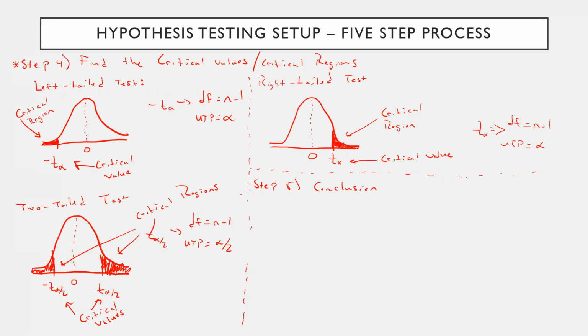The first one, you reject the null when the test statistic, which was t sub 0, is in a critical region.